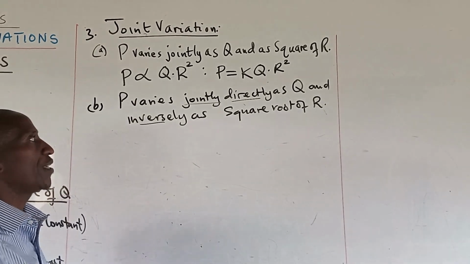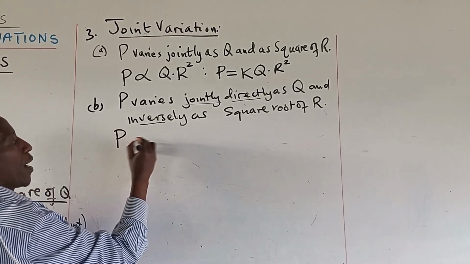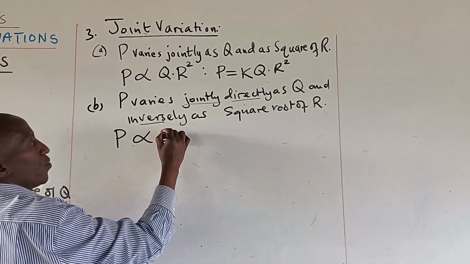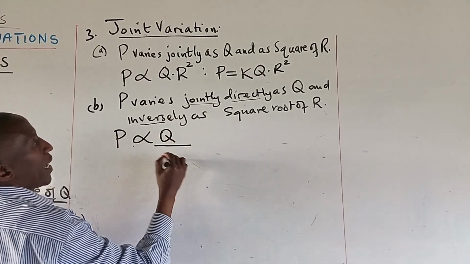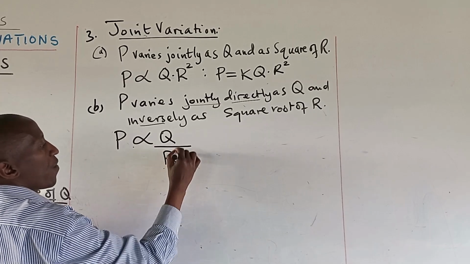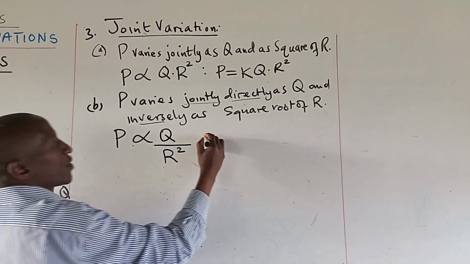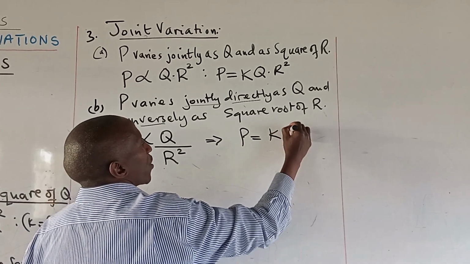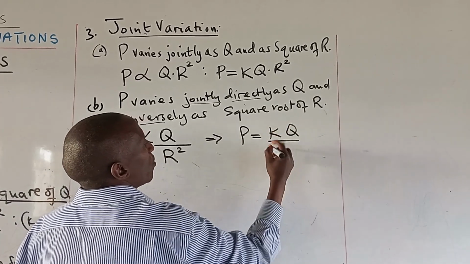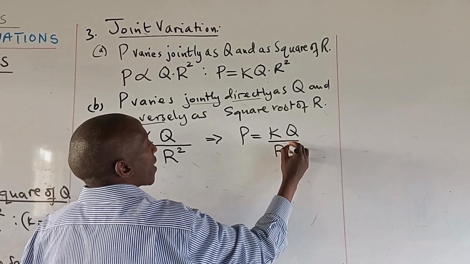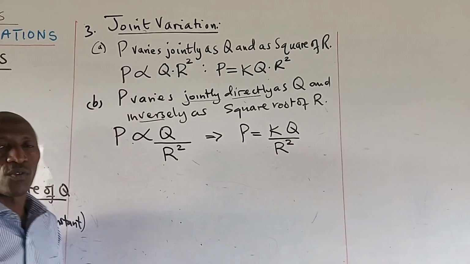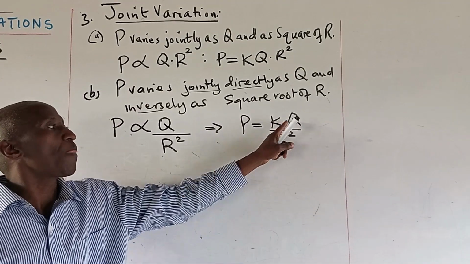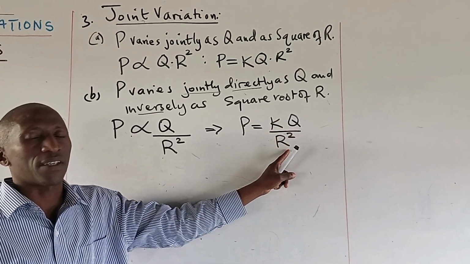So how is that going to be? We have P varying directly as Q and inversely as the square of R. And that comes as an equation: P is equal to K multiplied by Q, all over R squared. So this is the joint variation which is using the direct and the inverse.